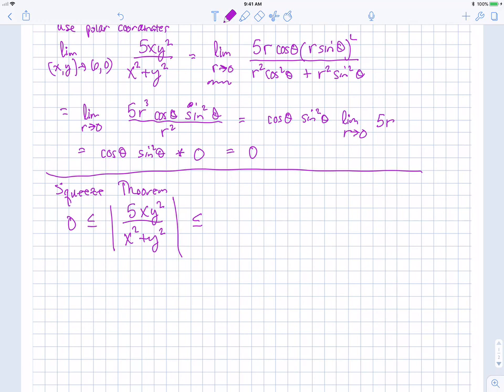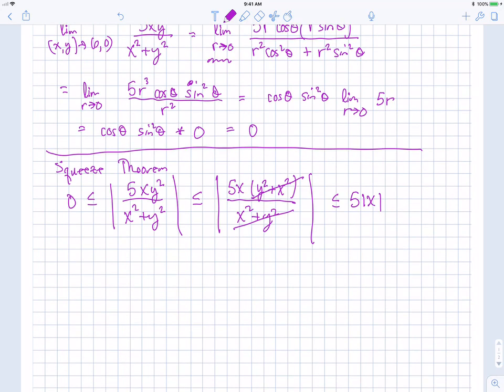What I'm going to do is stick an extra term in here, and that extra term is only going to make the numerator bigger. So this is less than or equal to 5x times y squared plus x squared over x squared plus y squared. I added x squared to the numerator. That only makes everything larger. Now we can cancel these. So this is less than or equal to 5 times the absolute value of x. And now as x and y both approach 0, 5 absolute x goes to 0.